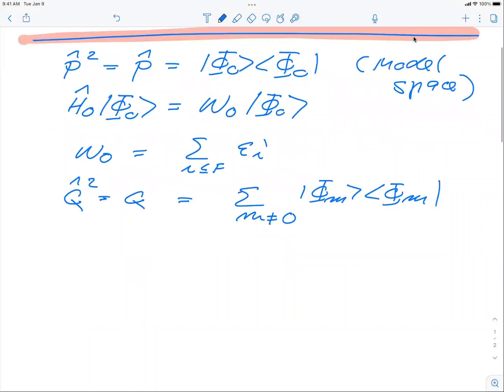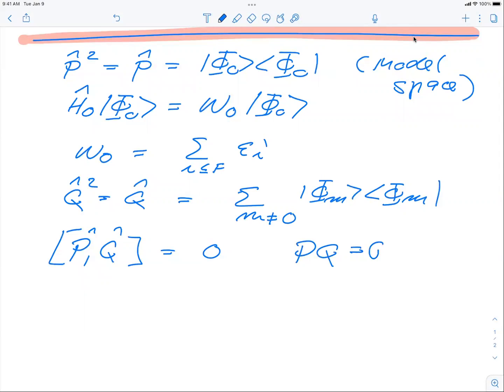And then what we have in addition is that P and Q commute. Sometimes I forget to put the hats on here. And this is equal to 0, which means also that PQ is equal to 0.